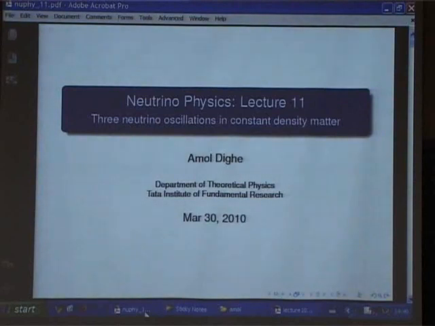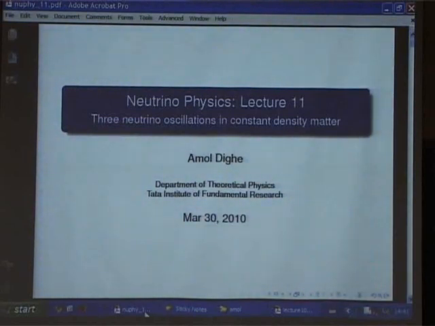Now, as far as theta 1,2 is concerned, we know approximately how much it is from the solar experiments. Again, theta 2,3, we know approximately what it is from atmospheric experiments. So, let's try to at least find some information about the other angles which we don't know. And for that, we now have to go towards three neutrino oscillations and see how to deal with them.